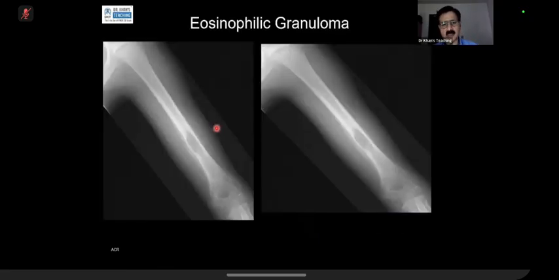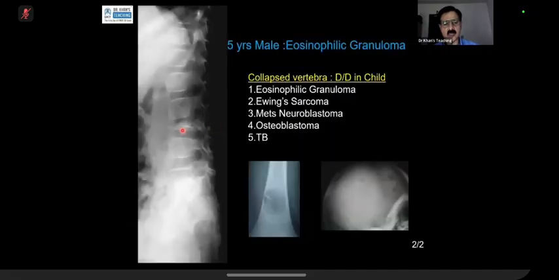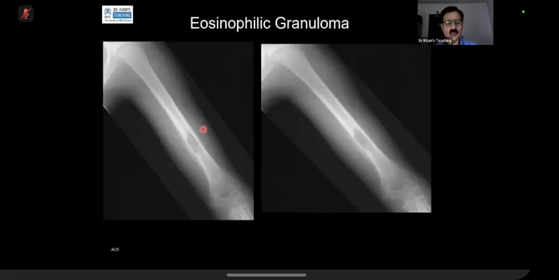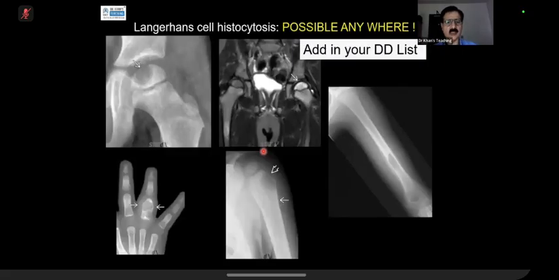Please remember that these vertebrae actually heal, and they become normal. This is similar to the first case we did with the candidate, and even here there is a lytic lesion with periosteal reaction. Because of the age group, LCH will be there.